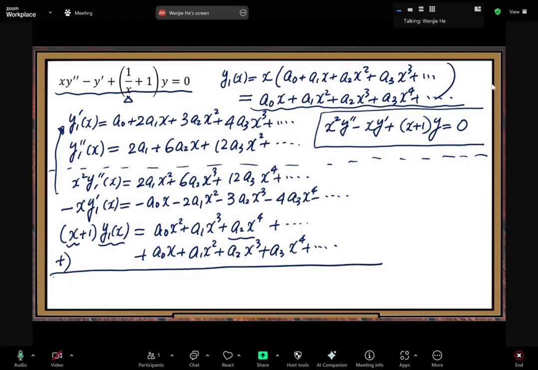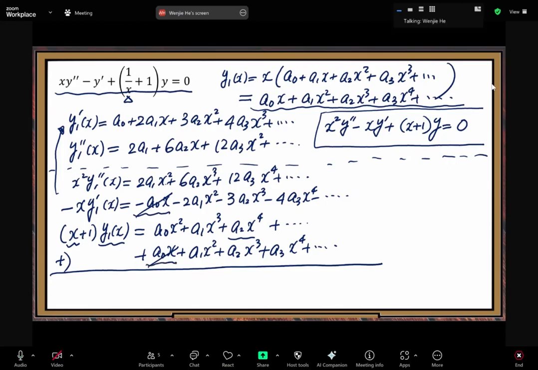Adding together, first, this term cancels out, right? Because we expect that based on the initial equation. The initial equation is used to cancel out the lowest degree terms. So cancellation.